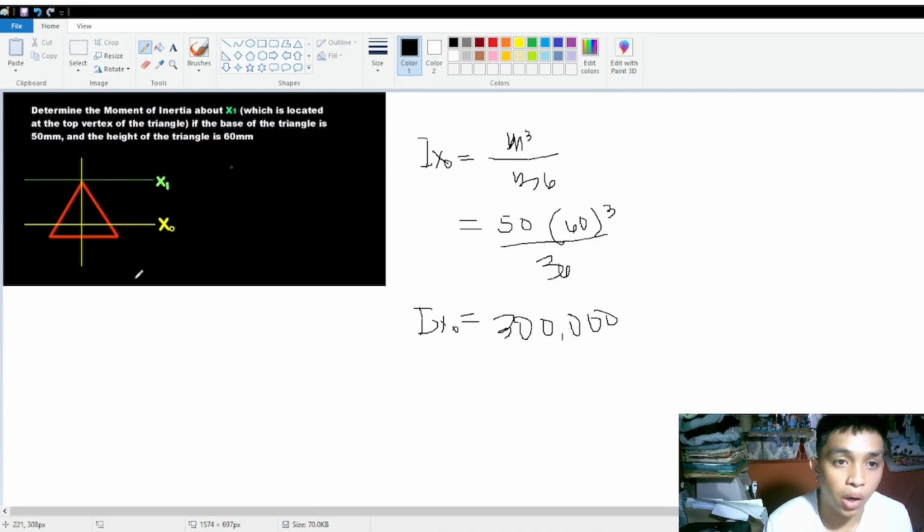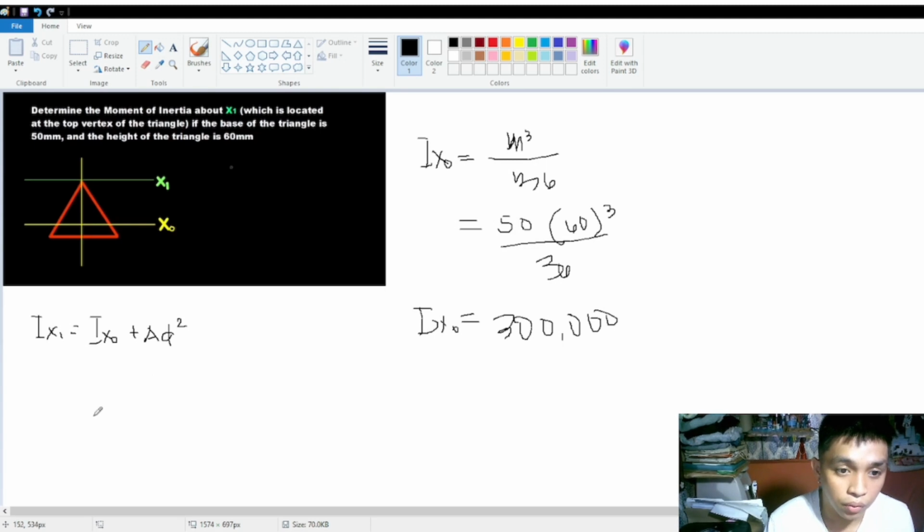Now to solve for the moment of inertia about x sub 1. As you remember, the formula is Ix sub 1 equals the moment of inertia of the centroidal axis, Ix sub o, plus the area of the shape times the distance from the centroidal axis to your chosen axis, x sub 1, squared.